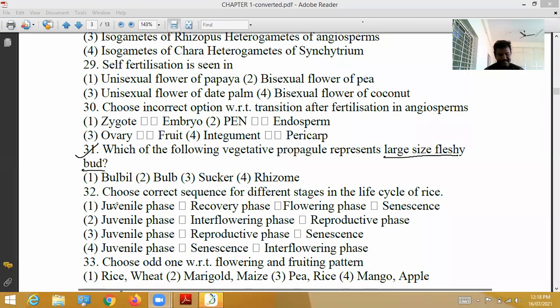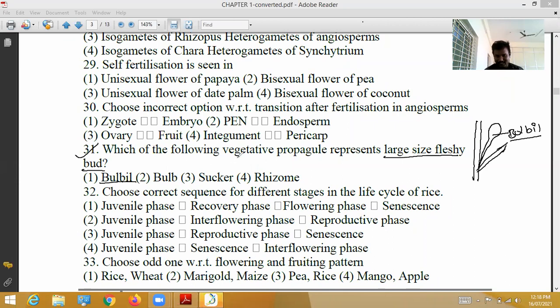See, bulbil. In this one, this is the stem, and here is the flower bud. In between these two, there is a bulb-like structure. This is called a bulbil.